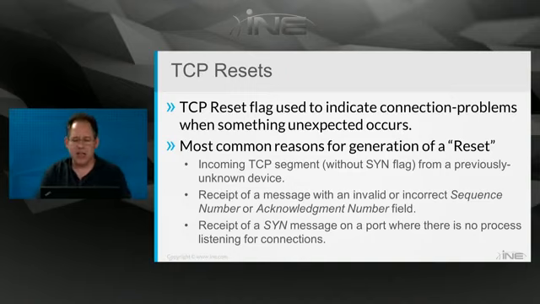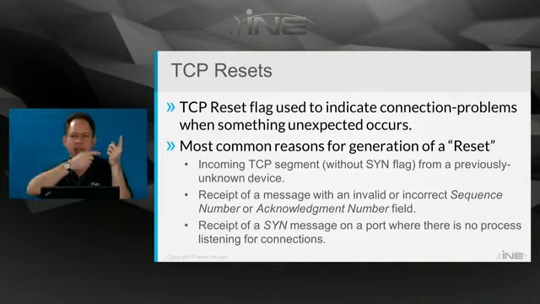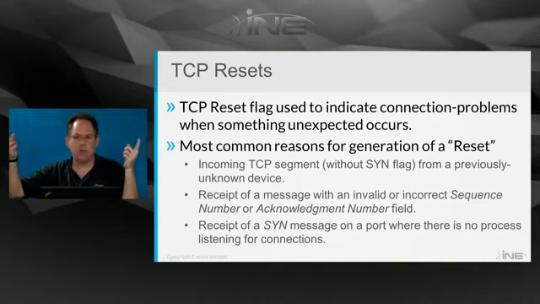Now what's kind of interesting is that, knowing this, some people have used it for denial of service attacks. For example, let's say that you somehow were able to snoop in on a conversation between some employee that you didn't like and the TCP connection that he or she had to a server, like a payroll server.